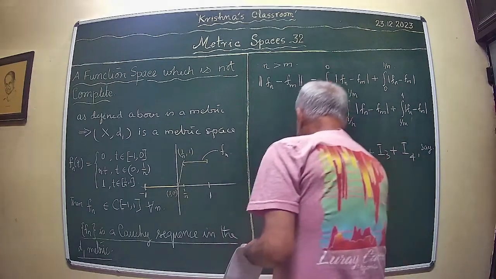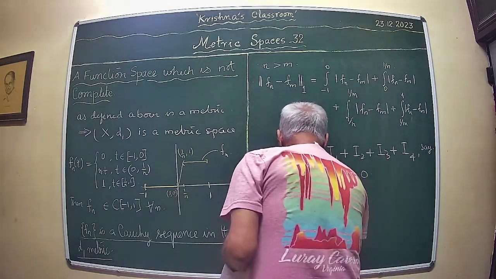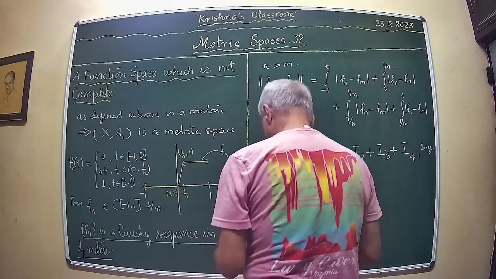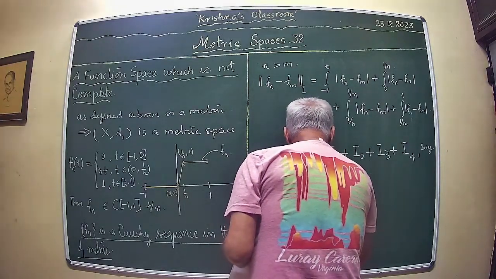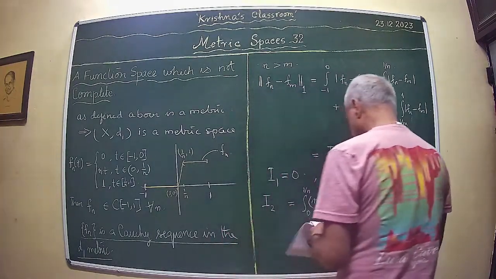I2 is essentially integral 0 to 1 by n of n minus m.